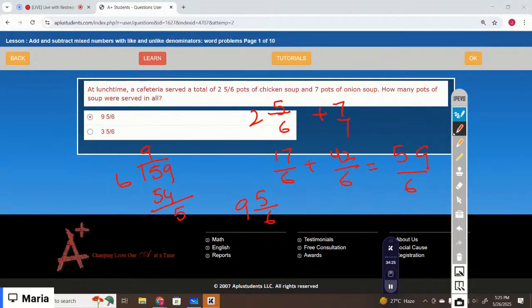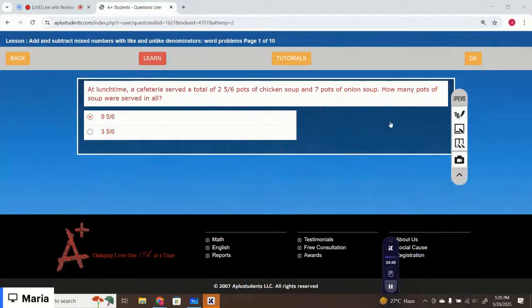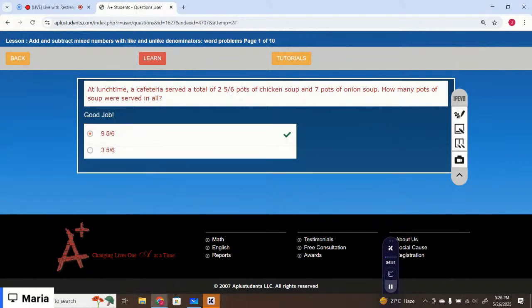That is 9 whole 5 over 6. The correct option is 9 whole 5 over 6. Option number 1 is the correct option.